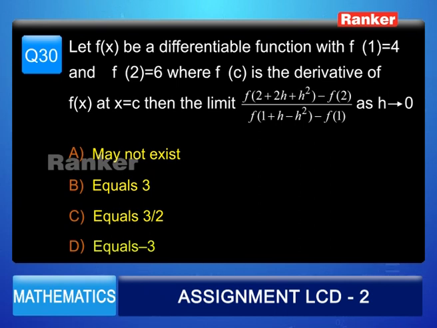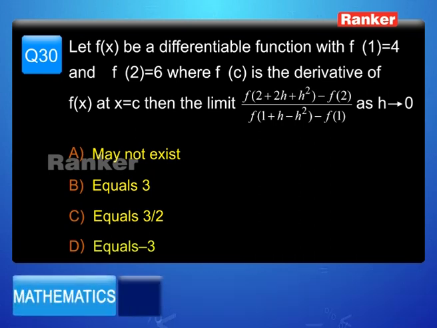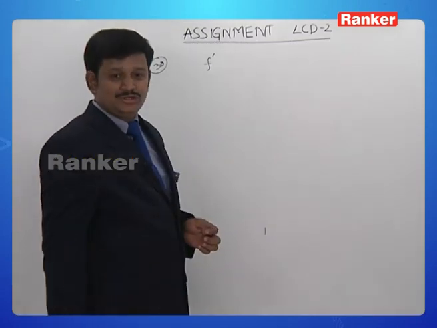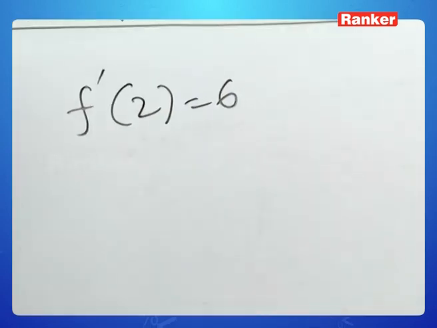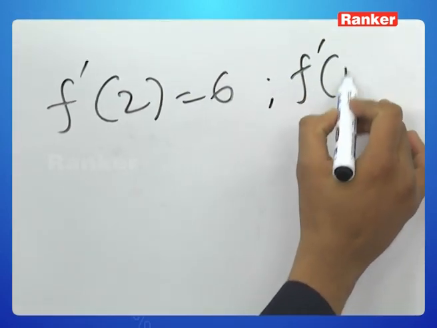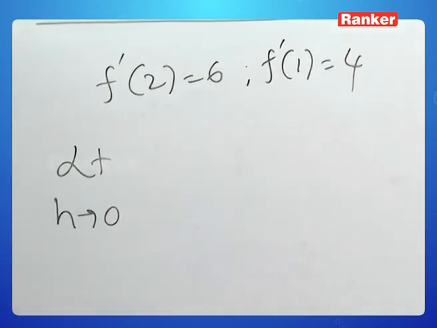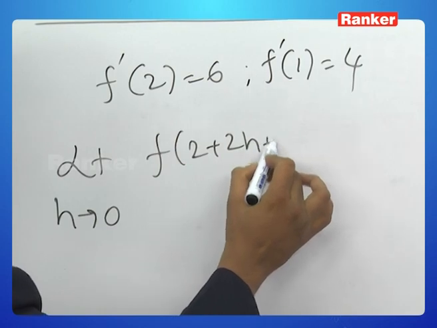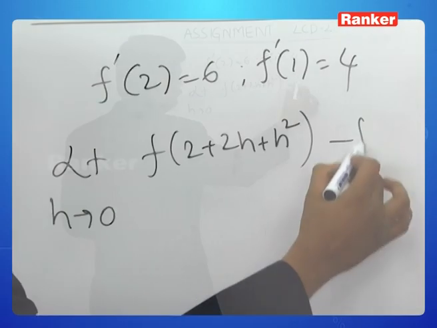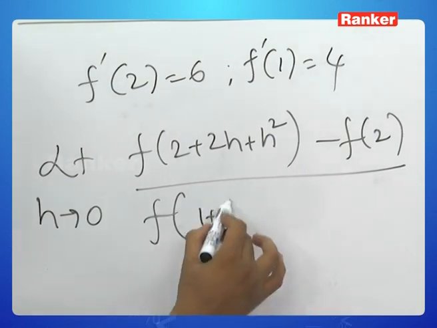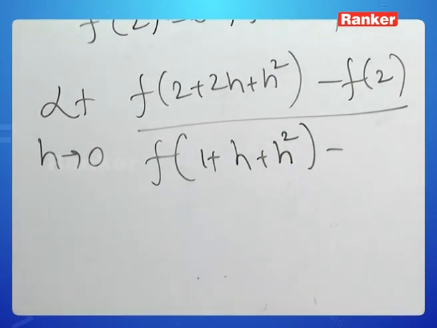We have to evaluate the limit as h tends to 0 of f of 2 plus 2h plus h square minus f of 2, divided by f of 1 plus h plus h square minus f of 1.